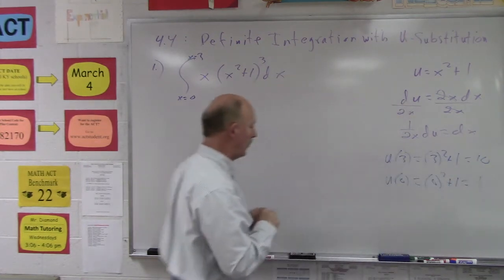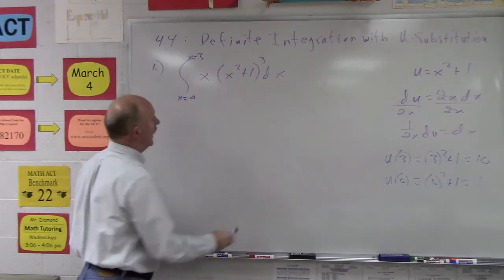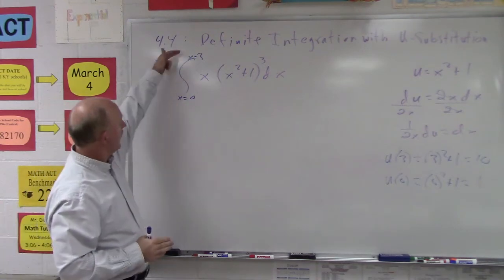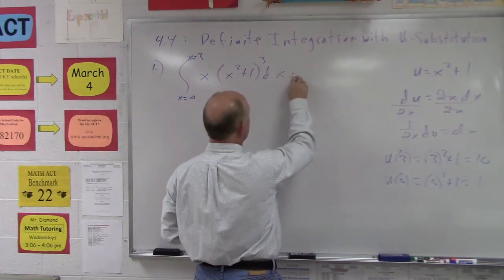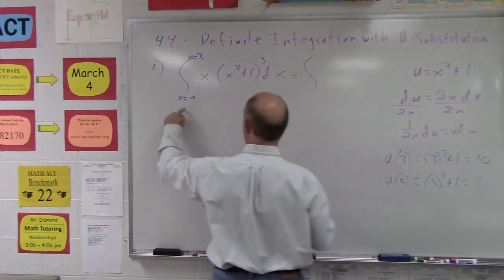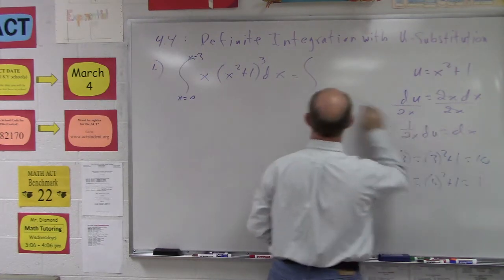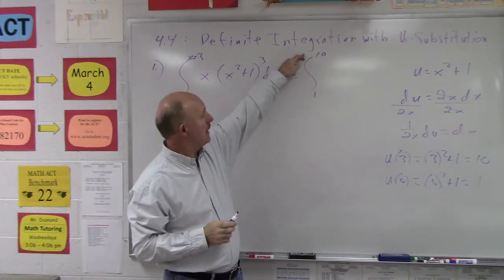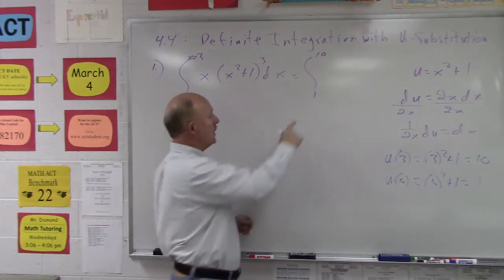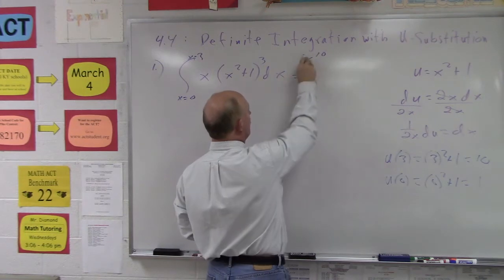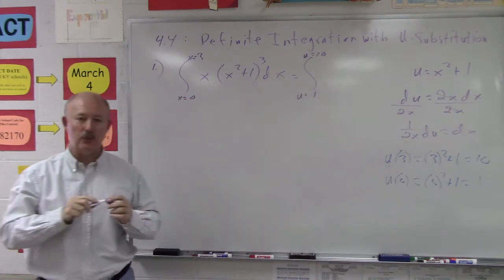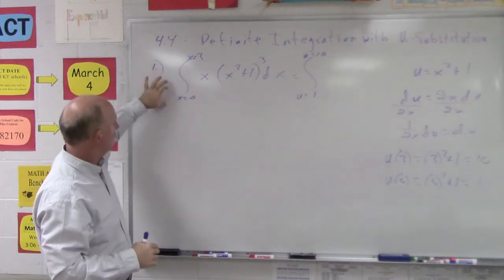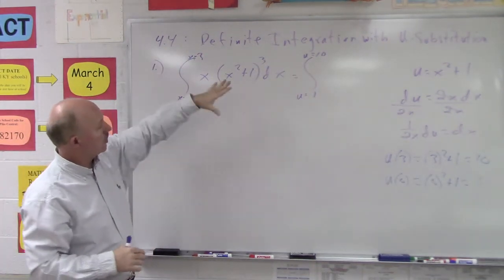So whenever we convert the definite integral from one in terms of x to one in terms of u, our new integral, instead of 0 to 3, will be from 1 to 10. So the lower bound now is 1 and the upper bound now is 10. So this is u equals 1 to u equals 10. So we've converted the upper and lower bounds from in terms of x to in terms of u.